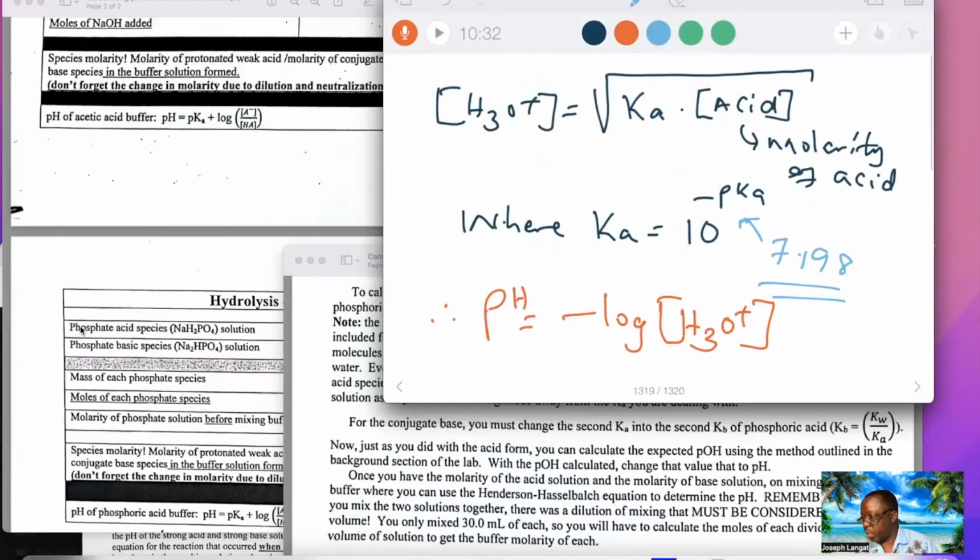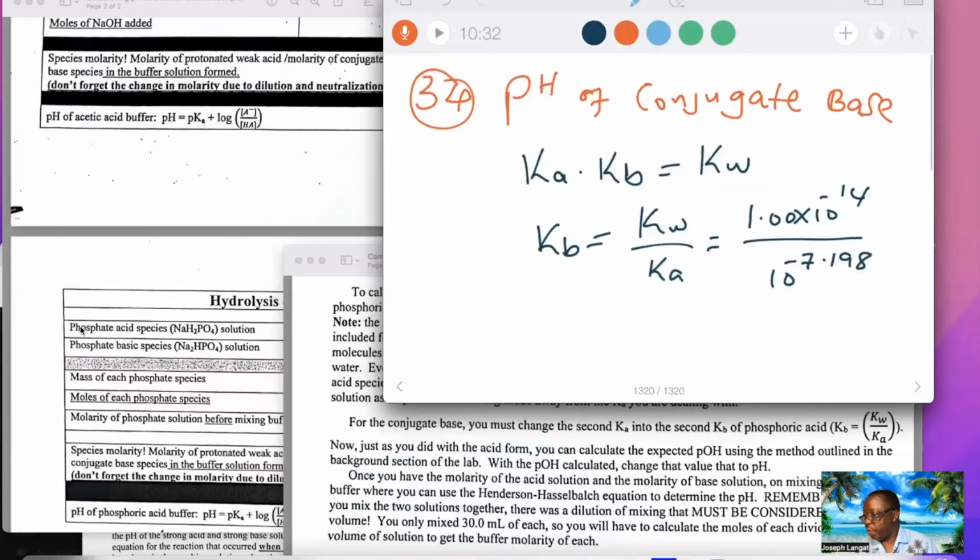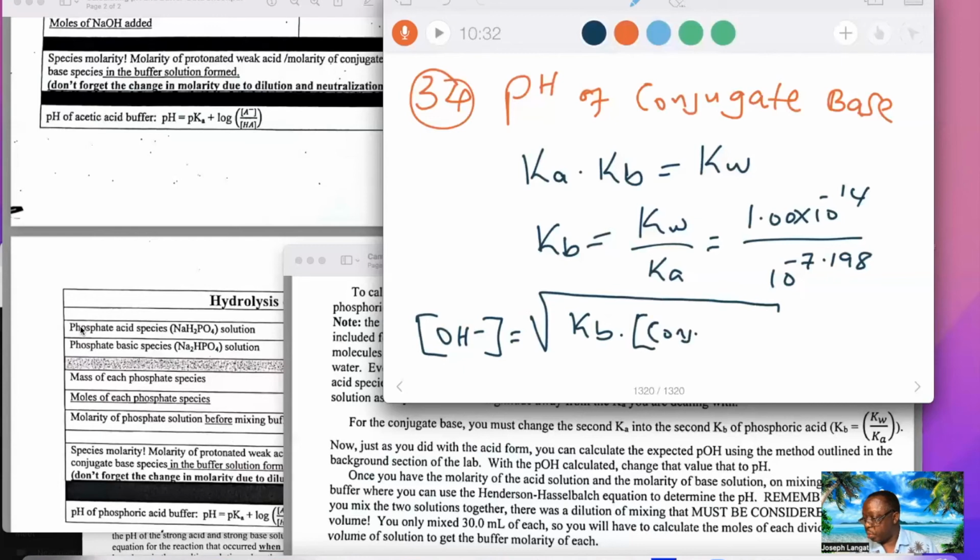That's what we had before. This will give you the Kb. Since it's a base, the hydroxide concentration is given by the square root of Kb times the concentration of the conjugate base.